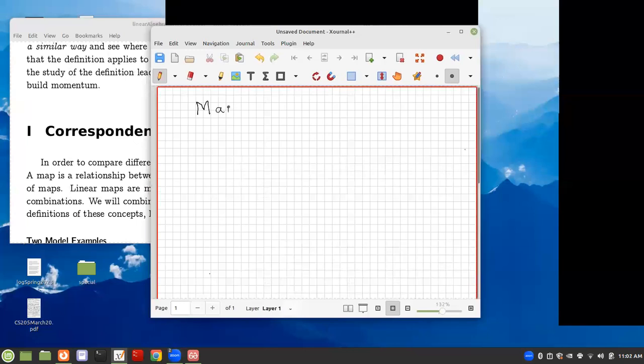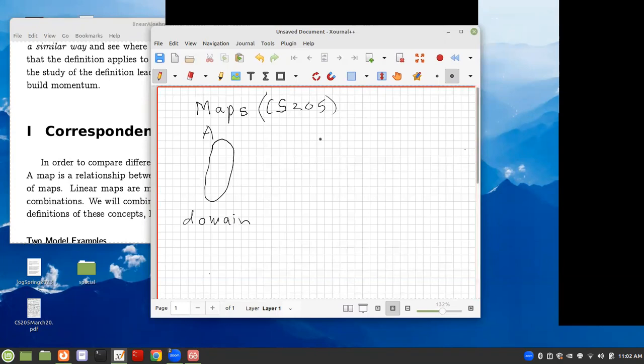Basically, this information is the same as it was if you've taken CS 205. So we have 2 sets, which will eventually be vector spaces, but let's think of them now as just finite sets. We have a domain, and we have a codomain.